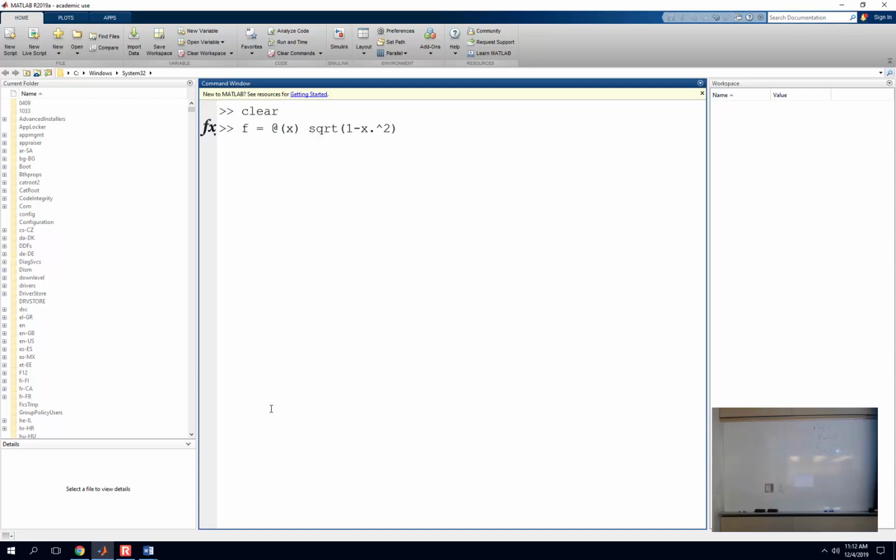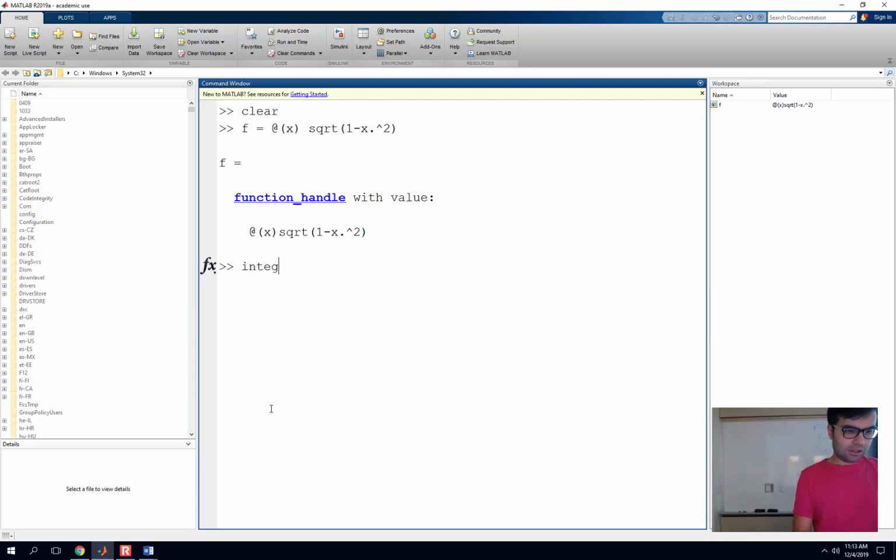I'm going to use integral for this. I can also use int, and I can do both actually. I'll do both. I can also use trapz, but that's just harder than integral, so I don't want to do that. So that's my plus sign. That's the upper side.